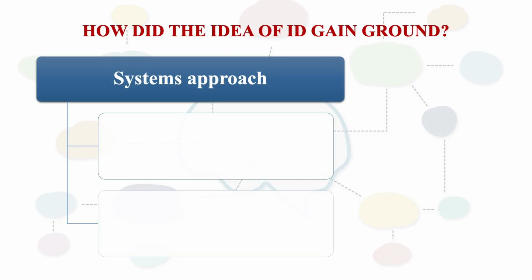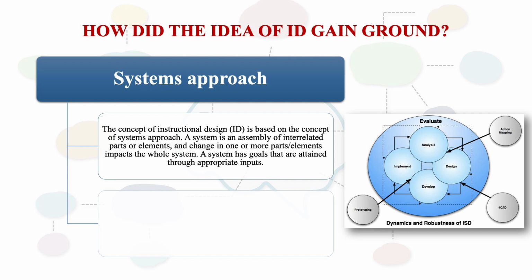This was also the basis of the systems approach, which became quite popular during the 50s and the 60s. The systems approach also underlined the need for setting objectives and planning instructions accordingly. The concept of instructional design, therefore, is based on the concept of systems approach. What is a system?